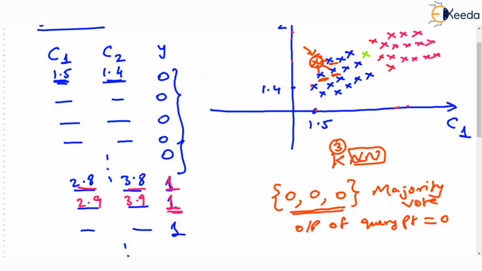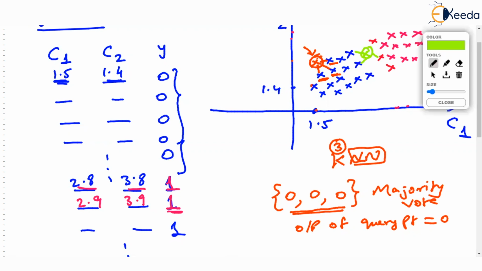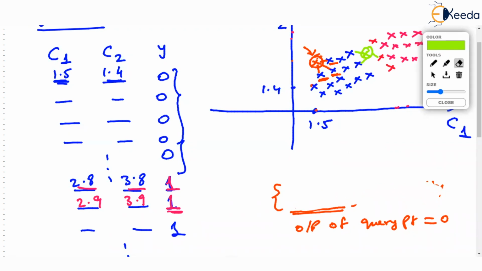What would you do? You will find k nearest points. Please try to understand. Take k nearest points to this data point. Imagine this point is nearest, this point is second nearest, and this point is third nearest. For this new point, these 3 points are nearest. So you found 3 nearest neighbors. You now check their output labels, and you already know the output labels of those points because that was the given data set.